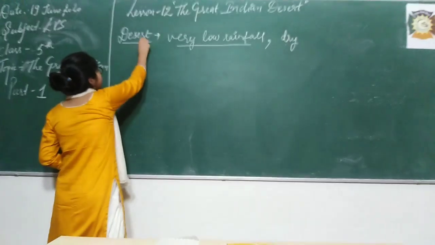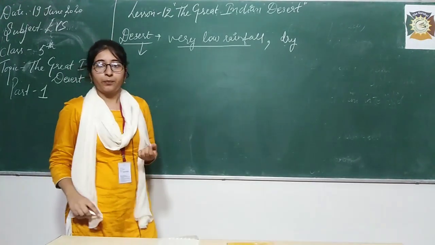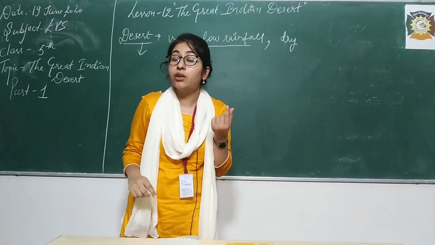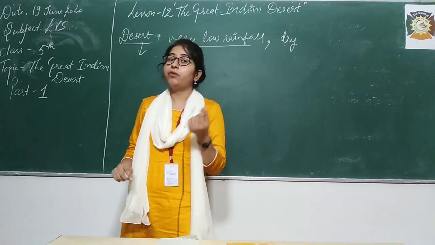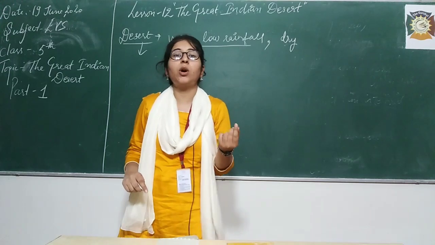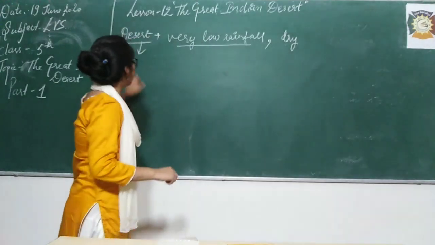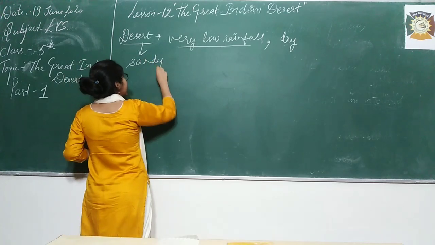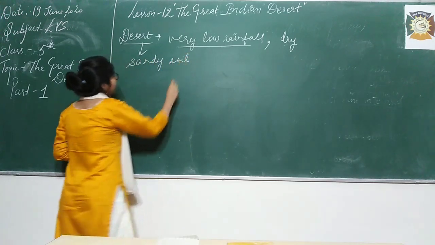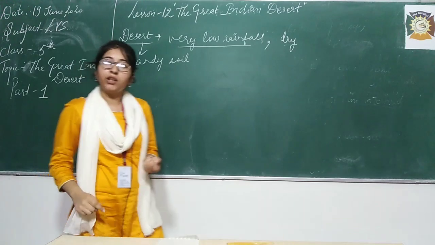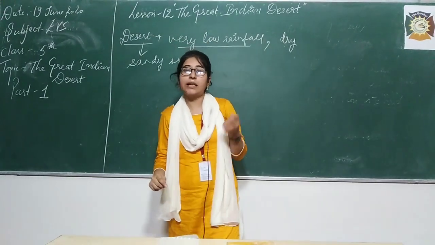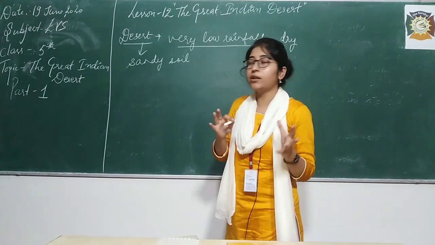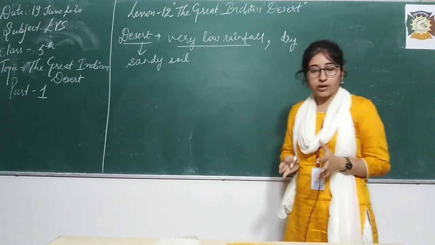It has a texture of sand. When we touch sand, we experience a different texture, but normal soil is very soft. So this area has sandy soil, which looks like soil, but its texture is very different, like sand.